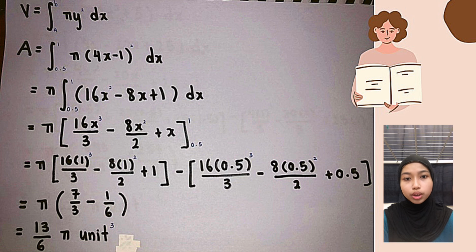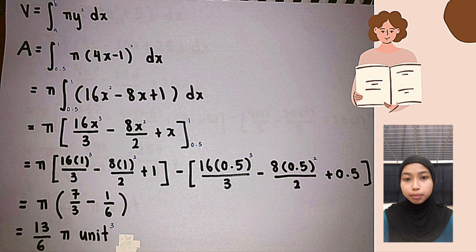Then when we integrate, it will become pi bracket 16x cubed over 3 minus 8x squared over 2 plus x bracket 0.5 to 1. Then replace x with 1 and 0.5.